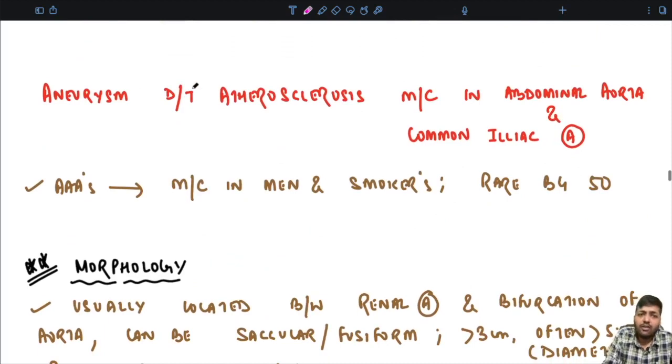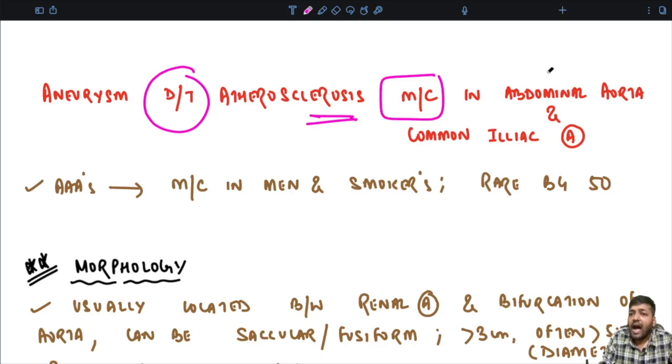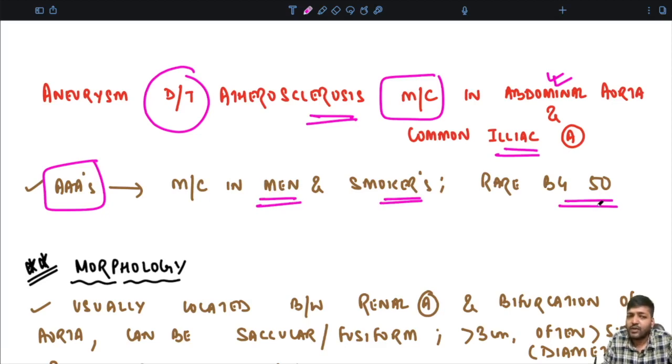This is a type of aneurysm due to atherosclerosis, which most commonly occurs in the abdominal aorta and in the common iliac artery. Abdominal aortic aneurysms are most common in men as well as in smokers, and are rare before 50 years of age.